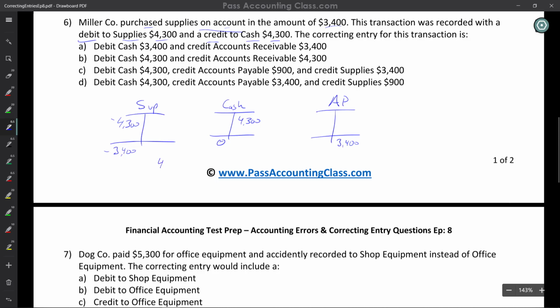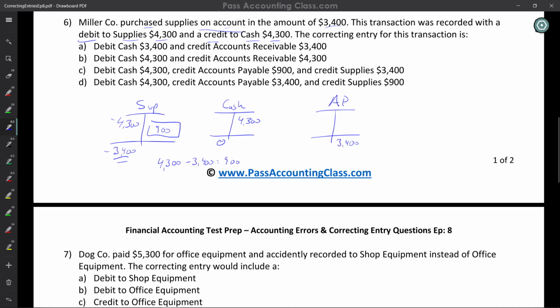And to do that, we need to take $4,300, reduce it by $3,400, and that's going to give us $900. So what we need to do then is credit supplies $900. So we had a $4,300 debit less a $900 credit gives us an ending balance of a $3,400 debit.